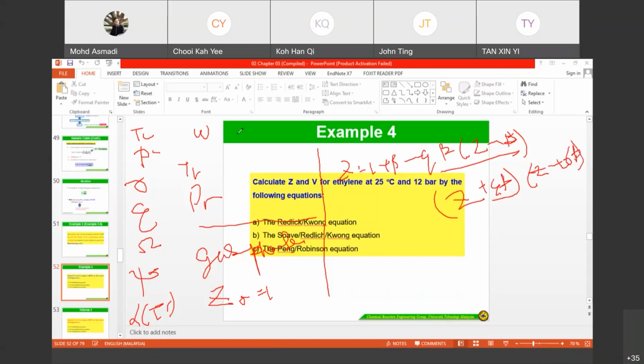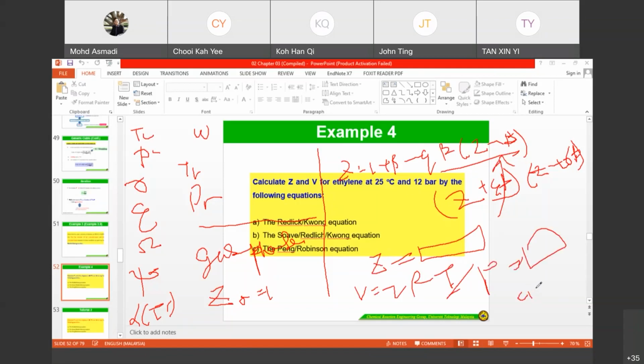For the Redlich-Kwong, the value of epsilon is equal to 0. So you can calculate and get the final Z. From this, just substitute into V equal to ZRT divided by P, so you can get the value of V in cubic centimeter per mole.